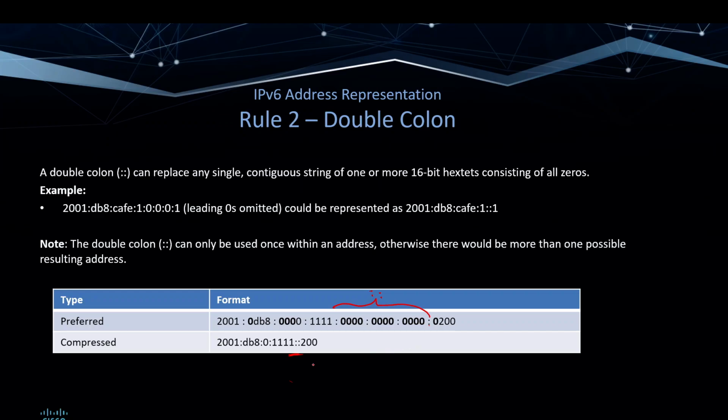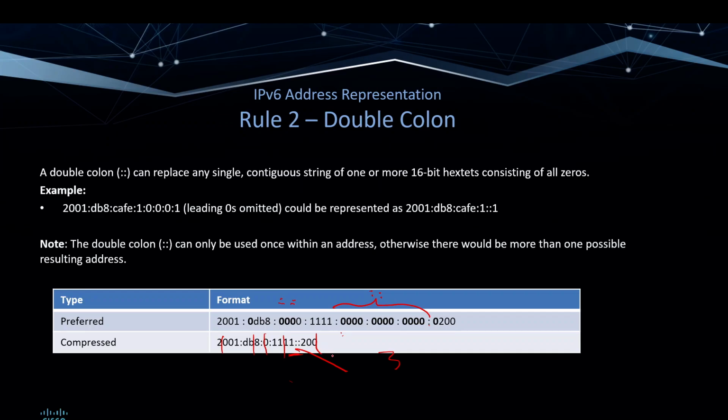We cannot do it twice, because imagine if we do it here and also here. Let's say we represent this hexset with a double colon here, then we are not going to know how many hexsets are here. If we do it here, then we know right here there are 3 hexsets. Why? Because we have 1, 2, and 1, 2, 3, 4, 5.